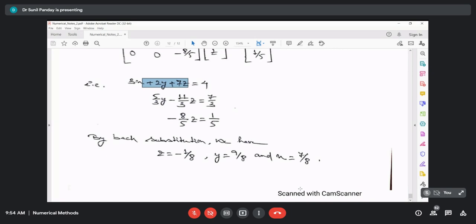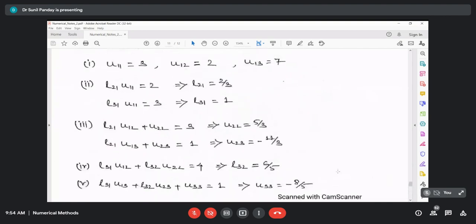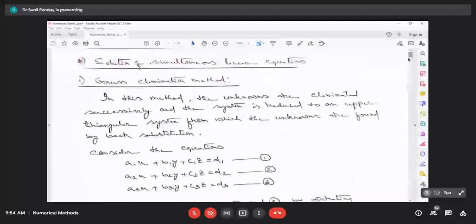So this is the way you use the factorization method to solve your system of equations. All these methods will give you exact solutions.